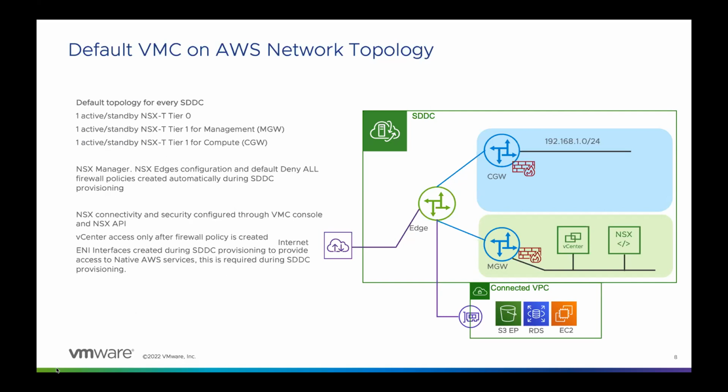You will also have 2 other routers. And when I say routers, it's more so in quotations because that's the functionality, but that's not what these are called, as you can see here. You have your compute gateway as well as your management gateway. So these are going to be essentially routers that have east to west communication.